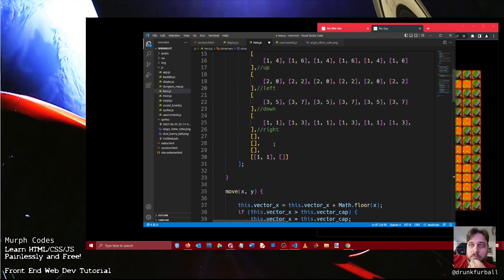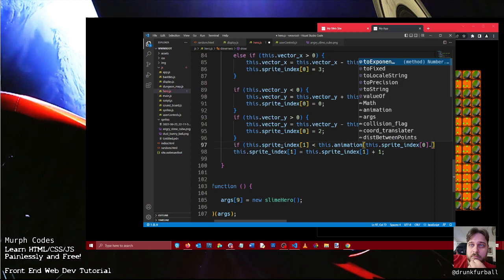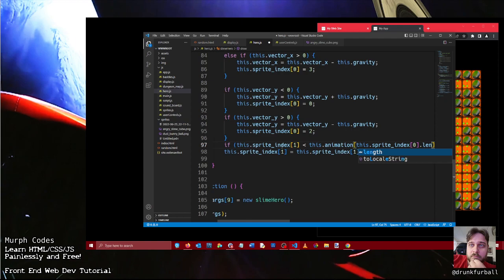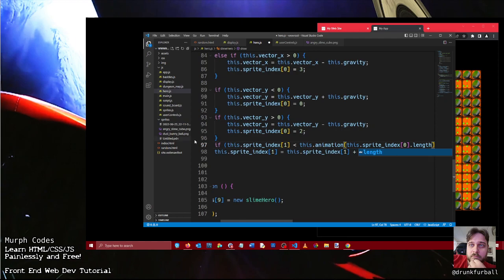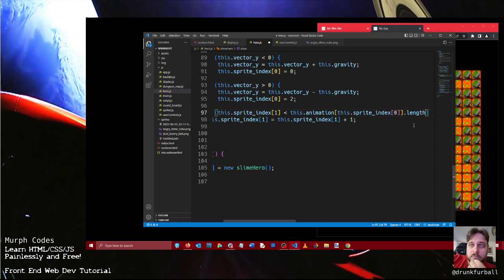Sprite animation. We want to do, as long as the number stored at sprite index 1, which is the second number in our sprite index, is less than the animation sequence we're currently running, which will be determined by the first number in the sprite index, as long as that animation hasn't reached its length, add 1.